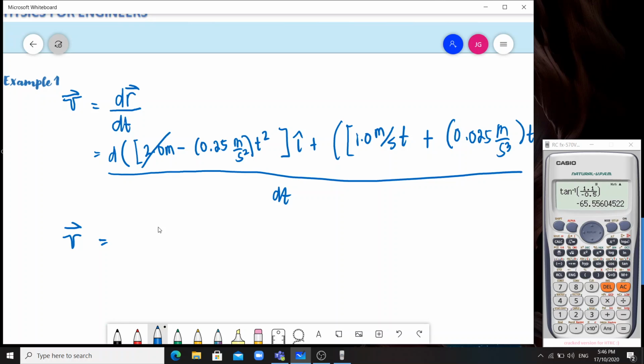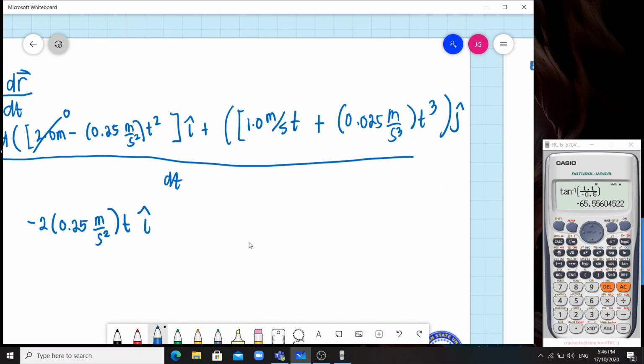So, this constant, when derived, is 0. So, it becomes negative 2 times 0.25 meter per second squared t, that is i, plus 1.0 meter per second, plus 3 times 0.025 meter per second cubed t squared, j.